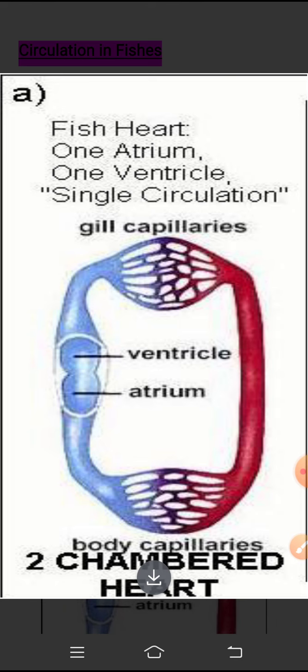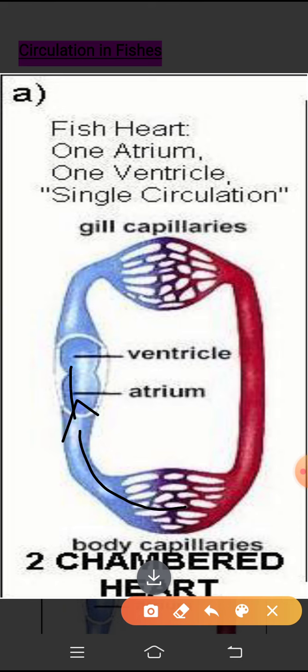I repeat, the atrium or auricle is the receiving chamber, and the ventricle pumps out whatever blood enters the atrium and flows into the ventricle. In order to keep the incoming blood and the outgoing blood separate, the heart has been separated into two different chambers. Then how does the blood flow through the body of the fishes?